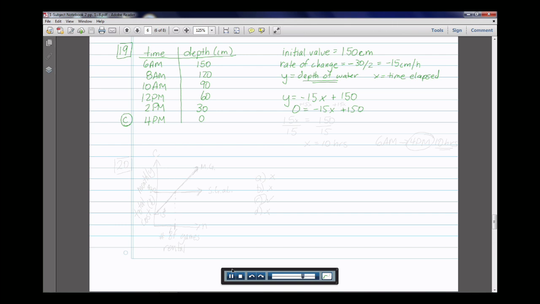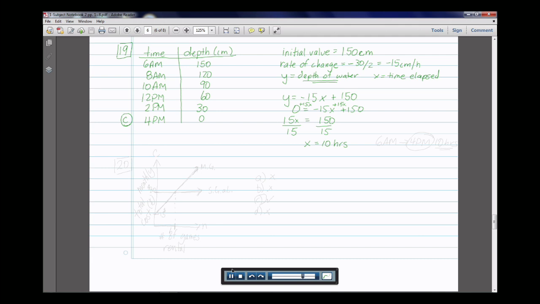You want to get all your terms that have the variable x on one side and just the number terms on the other, so you can add 15x to here to get rid of it, and it moves it over here. So you end up with 15x equals 150. The 15 is attached to the x through multiplication, so you divide it out, opposite operation, and x equals 10 hours.